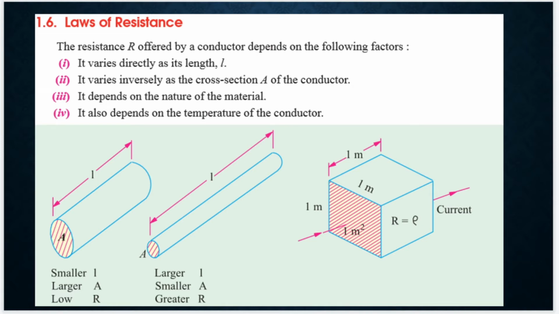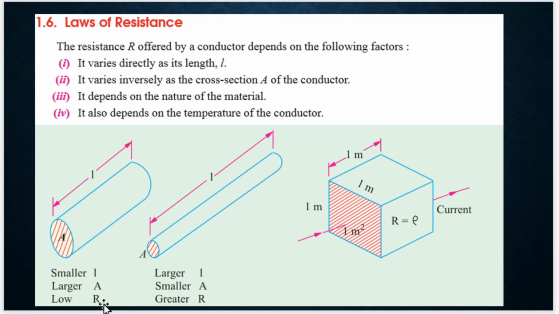The resistance offered by a conductor depends on the following factors. Number one, it varies directly as its length L. As the length changes, the resistance also changes.